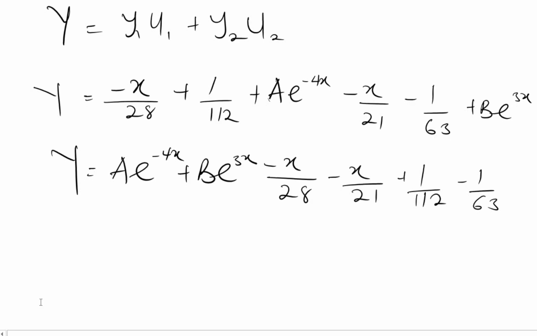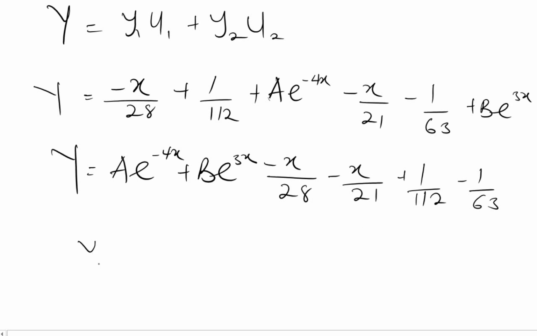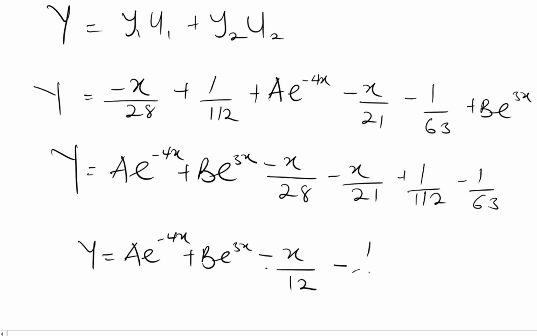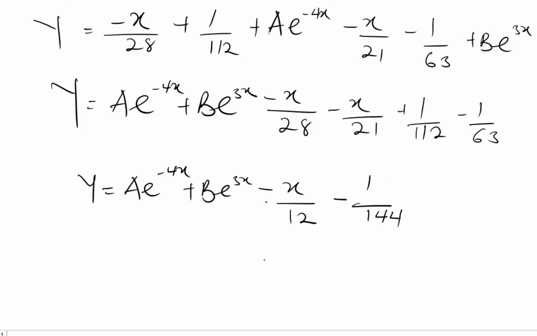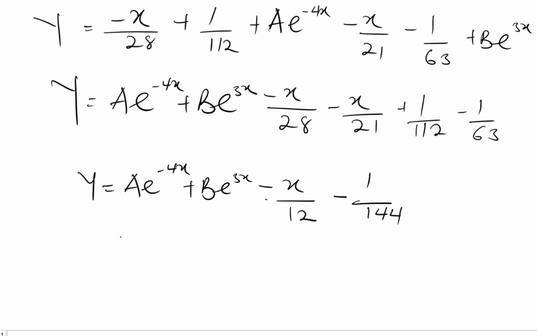Then this will give me y is equal to a exponential of minus 4x plus b exponential of 3x, minus x over 12, then minus 1 over 144. So this is the general solution.